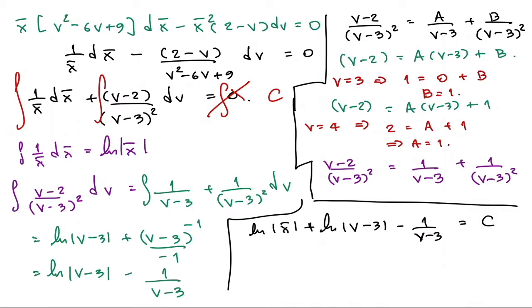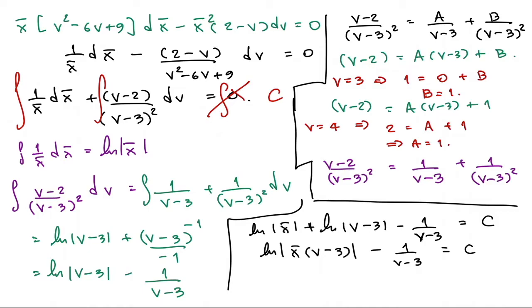And here I have that it's actually log of x bar times (v minus 3) minus 1 divided by v minus 3 equals c. Isn't it? And then we do the substitution, right?